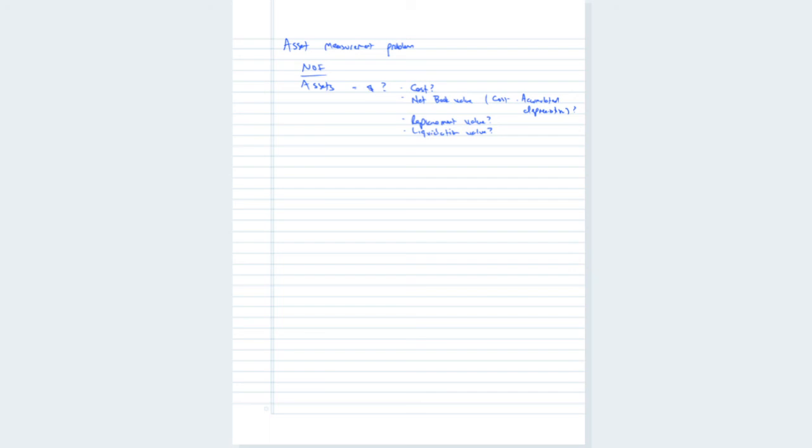So I've got an NOI over assets, and let's just say the cost of the assets is $100 million, but the net book value is only $5 million because most of my assets are fully depreciated.